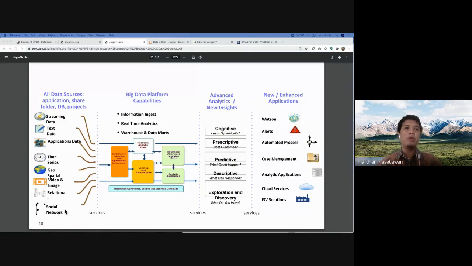So you can see here that different types of data sources need different approaches, different tools, different methodologies. So when we want to manage this, we need to be very clear about the data sources.